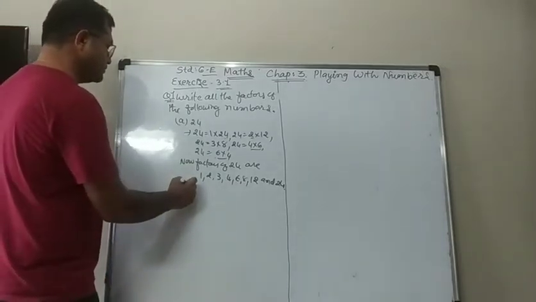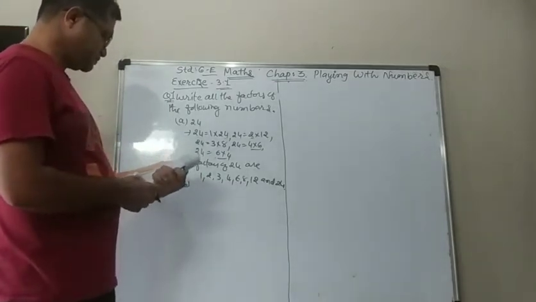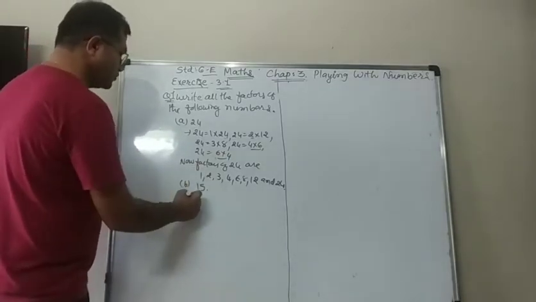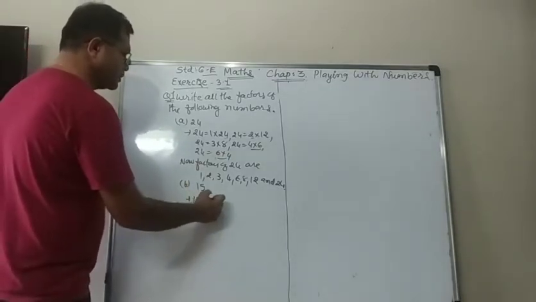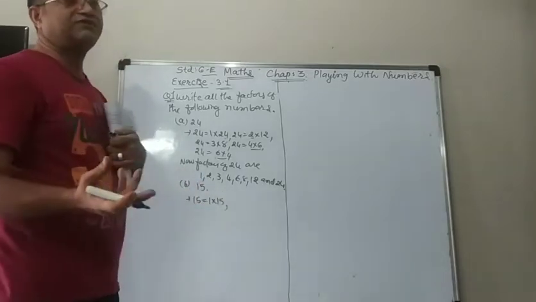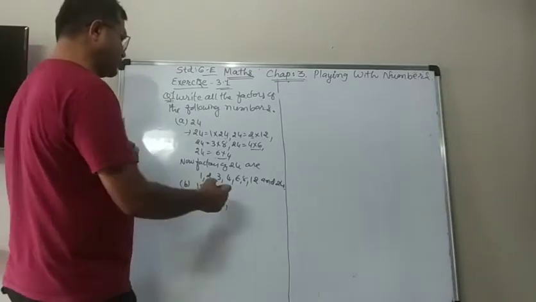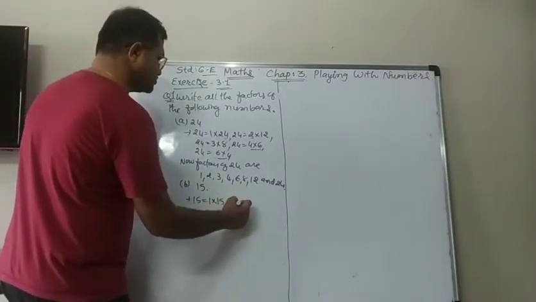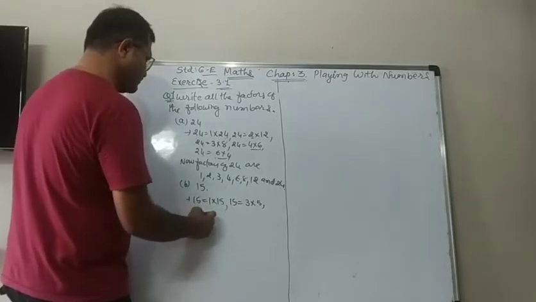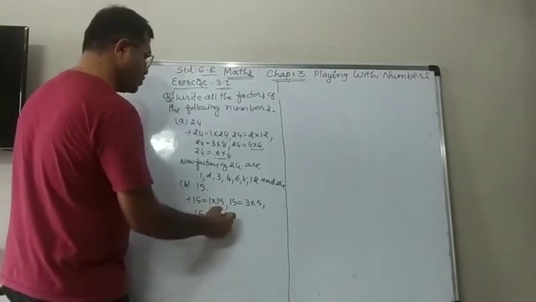Then second number B is 15. So now 15, 1 multiplied by 15. We cannot divide 15 by 2 because it is an odd number. 15 is equal to 3 multiplied by 5. Then 15 is equal to 5 multiplied by 3.